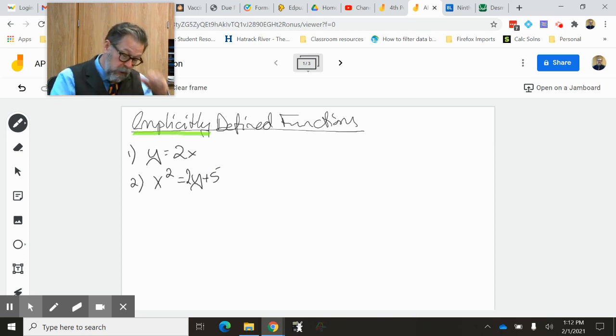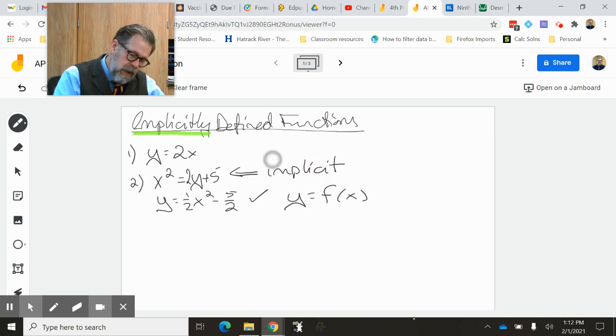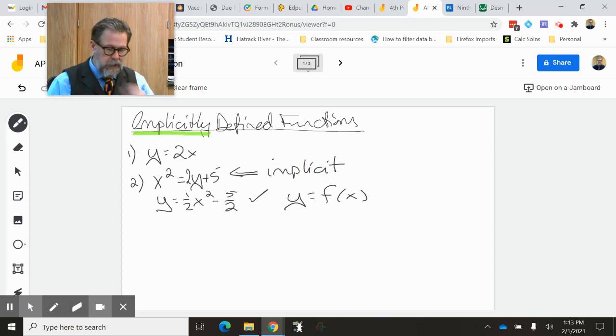In fact, if I were to solve this, I'll subtract 5 and divide everything by 2. I get y equals 1/2 x squared minus 5 halves, and check, y is a function of x. But this is implicit. We are looking at that and we are saying, oh, y is some function of x.